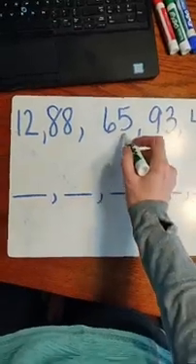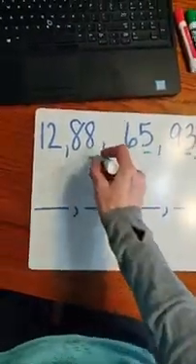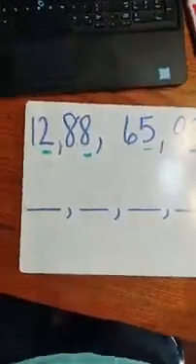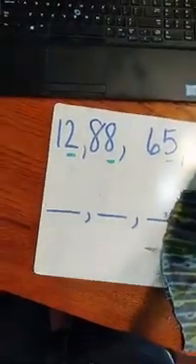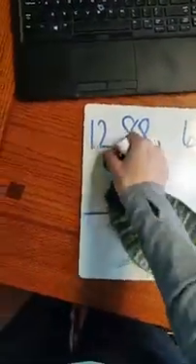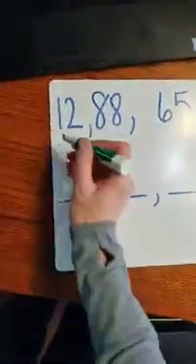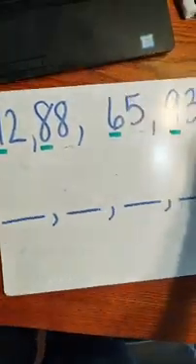Let's remind ourselves, this number all the way to the right is my ones place. I'm not going to look at that number when I am deciding what is the smallest number. Instead, I'm going to look at the tens place, the second position from the right.